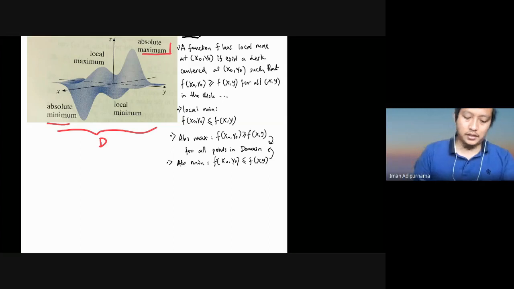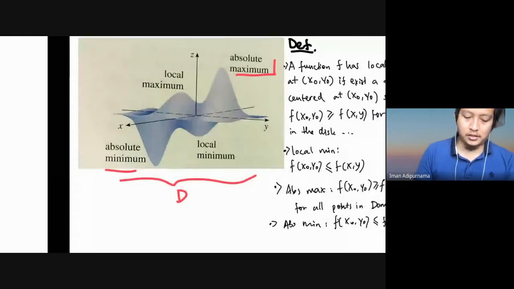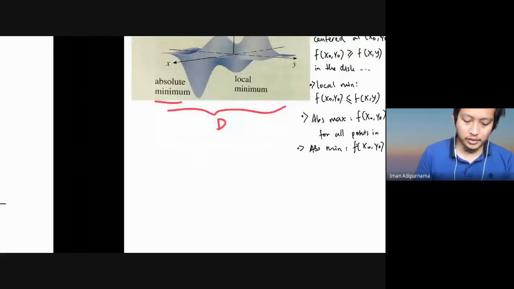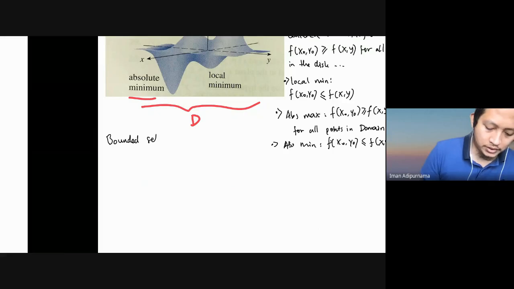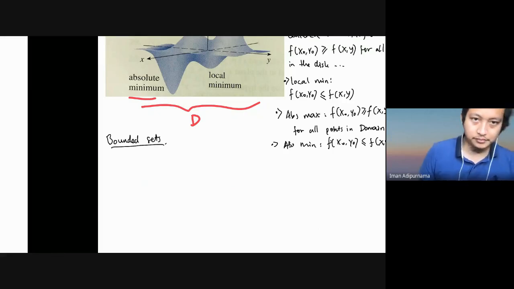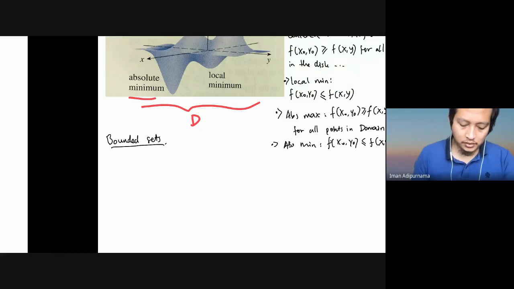Okay, I think it's pretty easy to understand, especially if we are looking at the picture here, right? The next thing is bounded sets. So what do bounded sets mean?